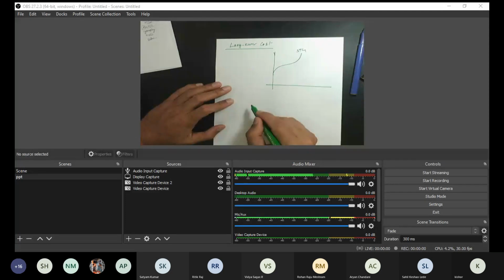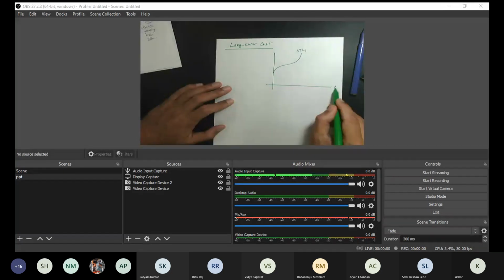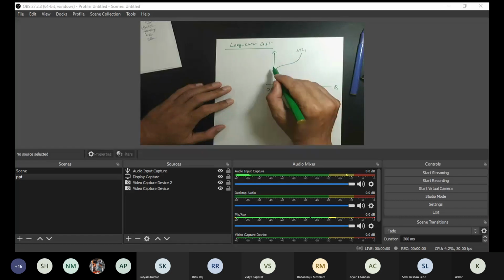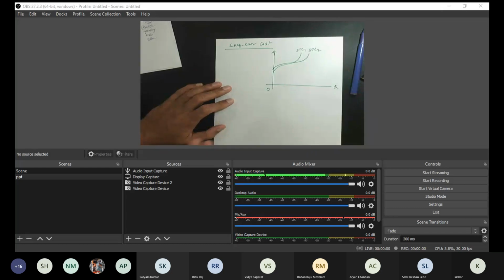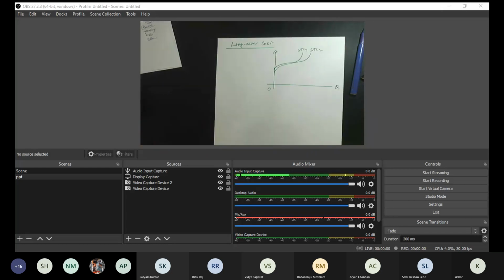Second year, this side is Q. Second year, STC 2. With time, initially I just started my business. First year it may happen that I could not even manage all the raw material. Second year I purchase more raw material, so my output expansion is also taking place simultaneously.